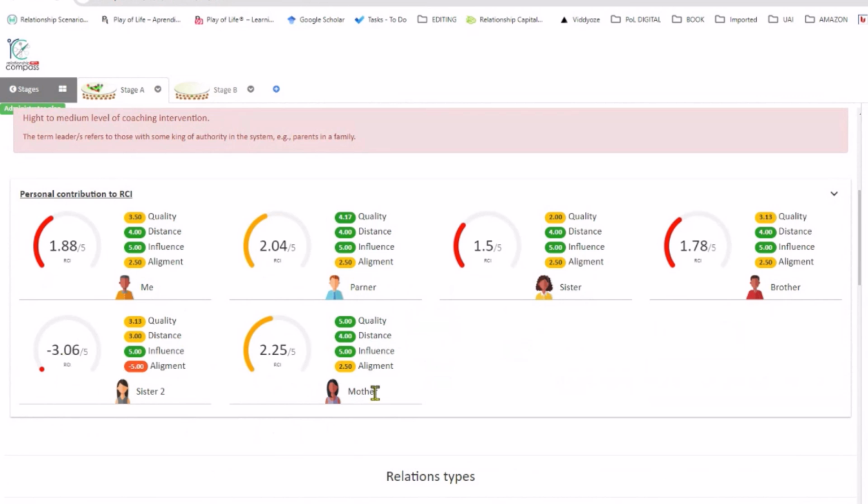And your mother is the one that is dead, the one who has a higher level of relationship capital. So it's interesting that two people, one that is not there, that is your mother, or your partner that doesn't have much relationship with them, have the high relationship capital. Right. But among you, the family, you are the highest. Right. 188, but very low. Right.